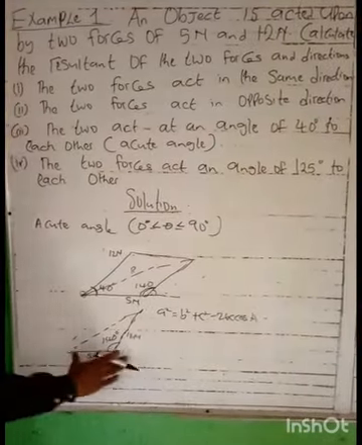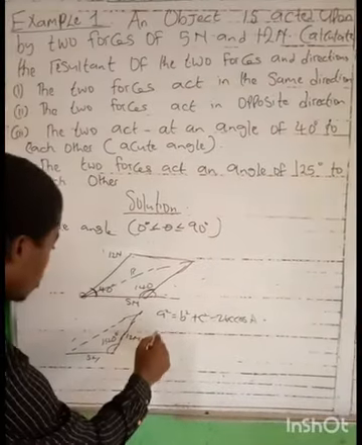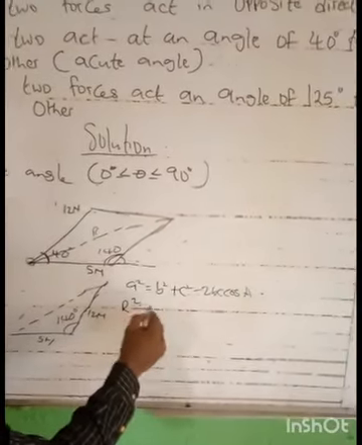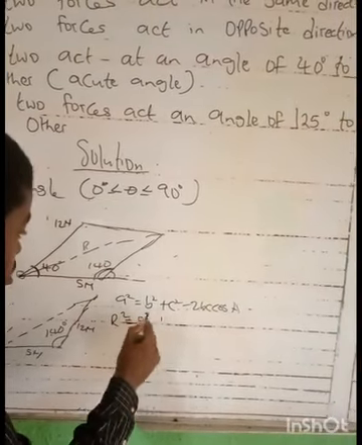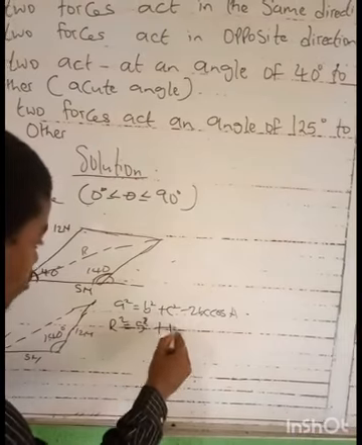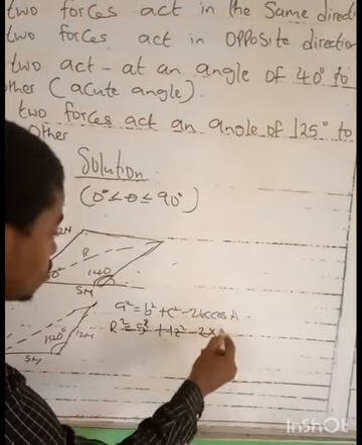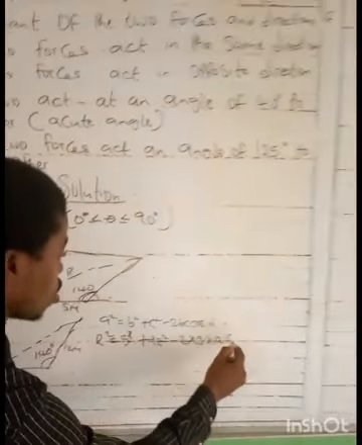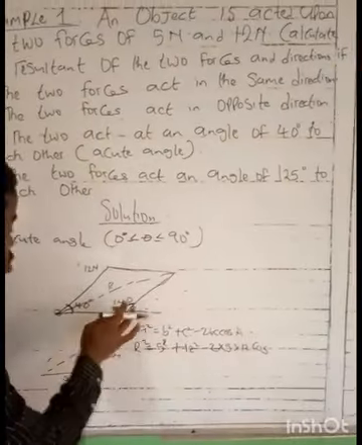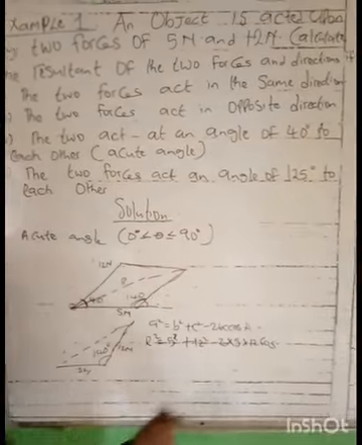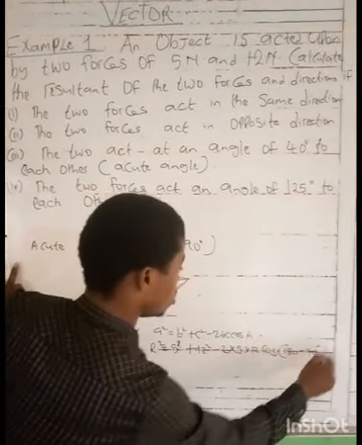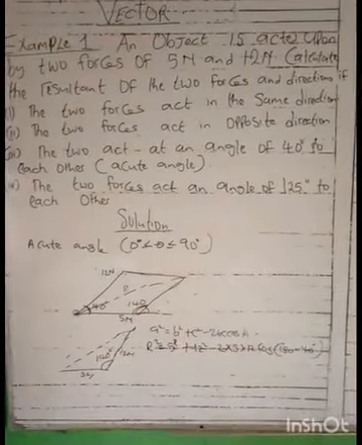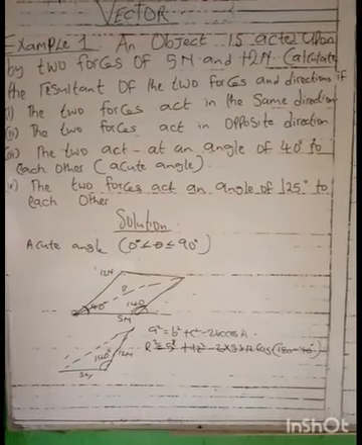So what I'm going to have here is my resultant squared equal to 5 squared plus 12 squared minus 2 multiplied by 5 times 12 cos, don't forget our angle is what we have here, 140. And now we get that. That's 180 minus 40 degrees. That's how we get that. 180 minus 40 degrees, which is our cos 140.